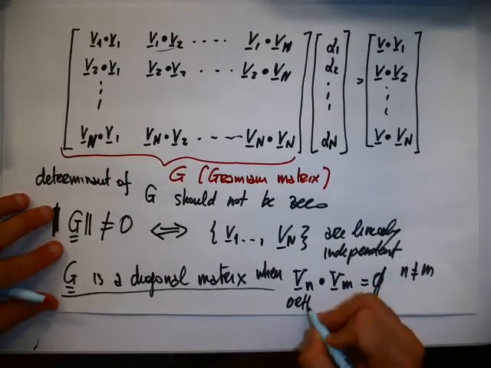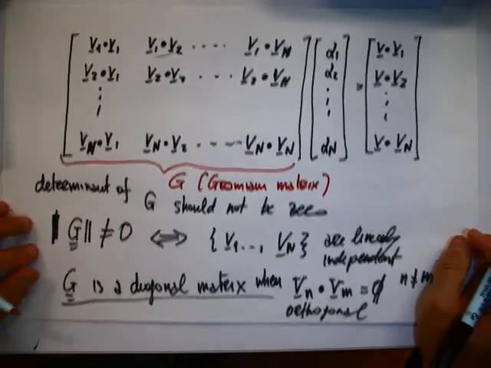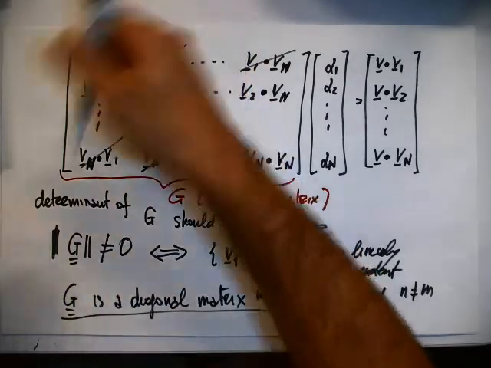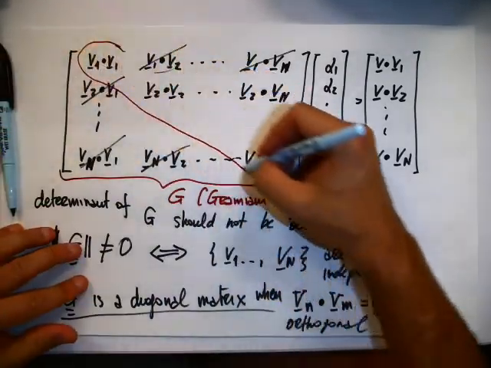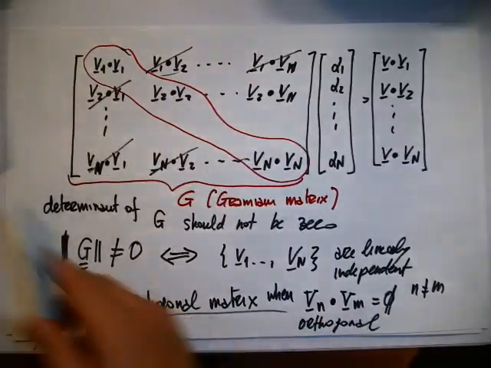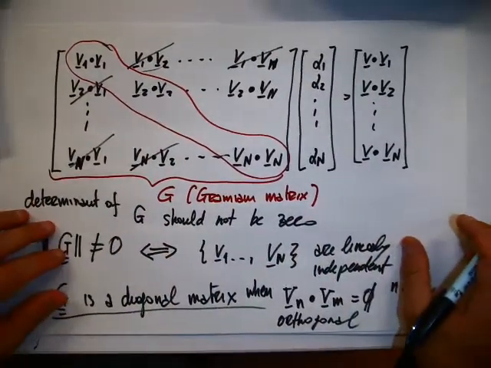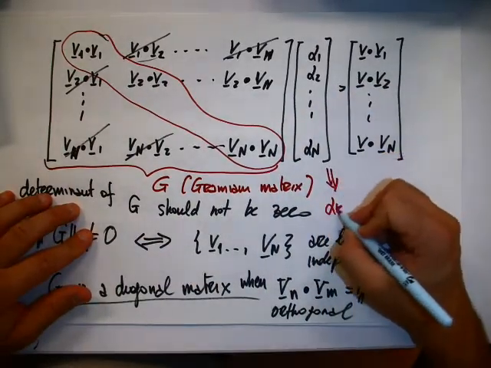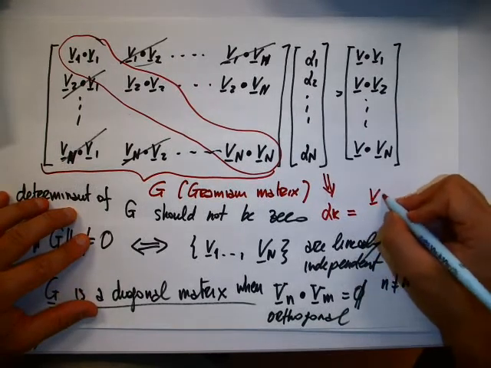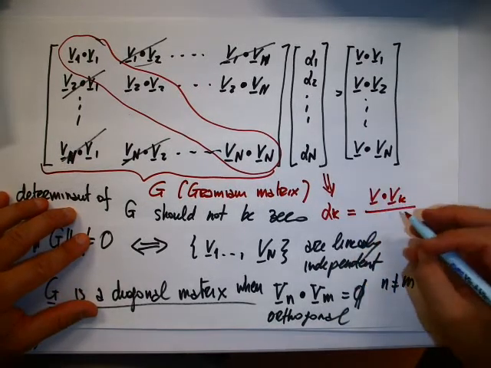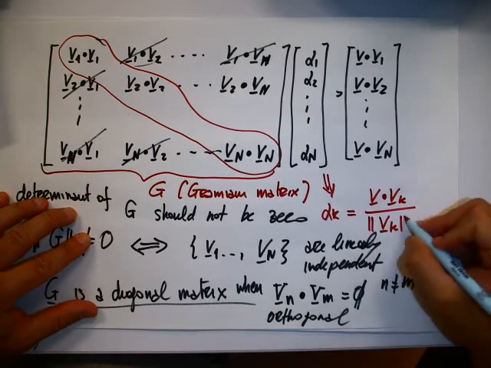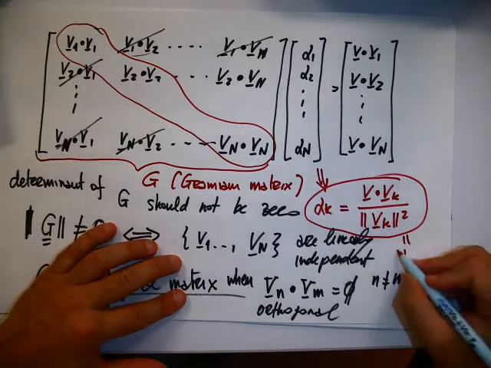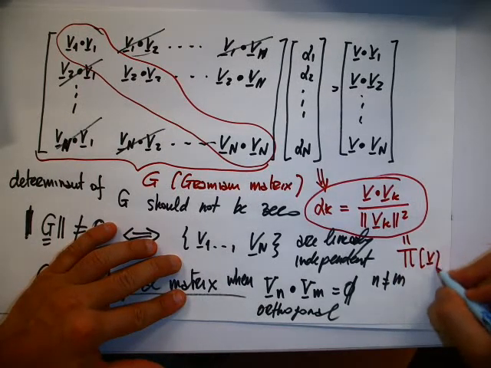Because now you see that all these off-diagonal terms vanish, and we are left with the diagonal terms, and then the solution is pretty straightforward, because alpha_k is equal to v dotted v_k divided by the norm of v_k squared. And this is what we call the projection of v onto v_k. That's how we defined it before.